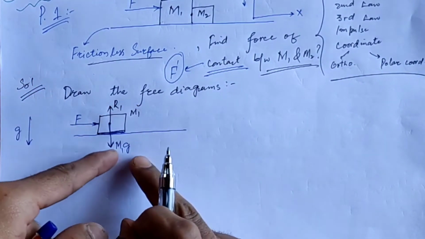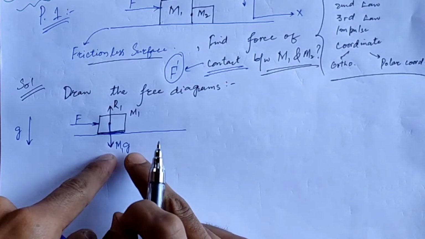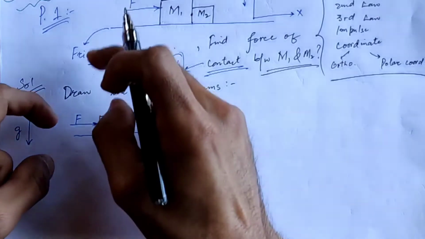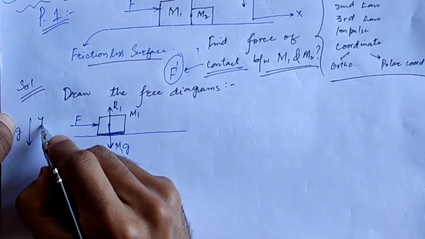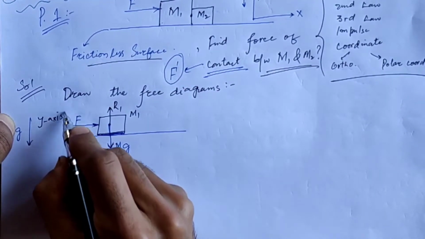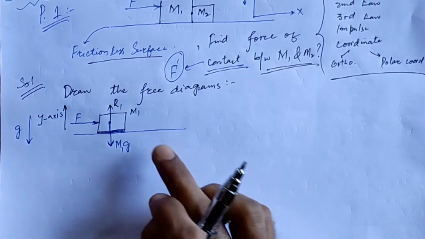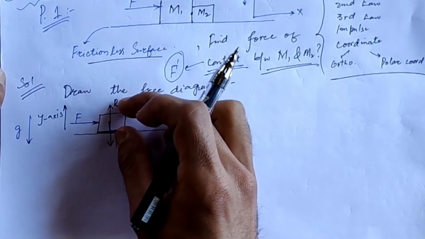So this R1 must balance m1g, because there is no motion along the y-axis, so these must be equal to each other.